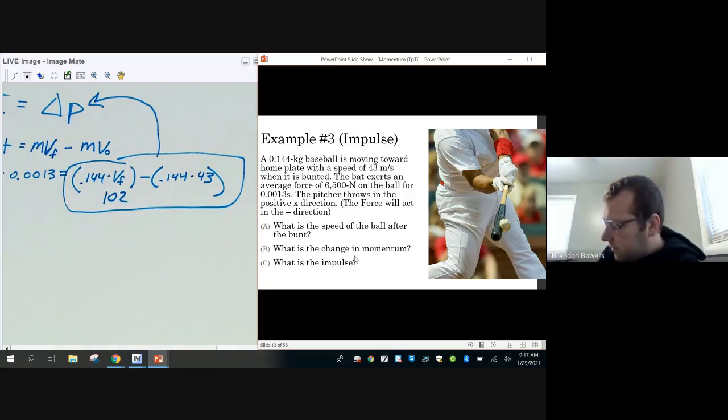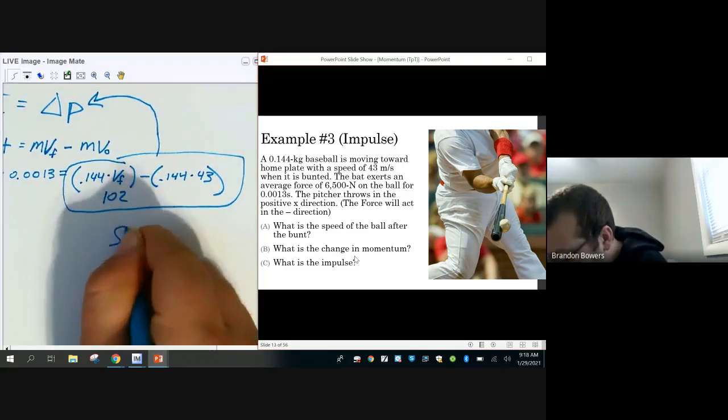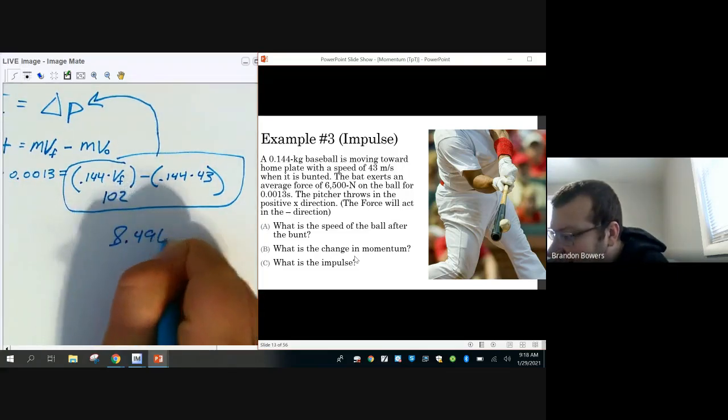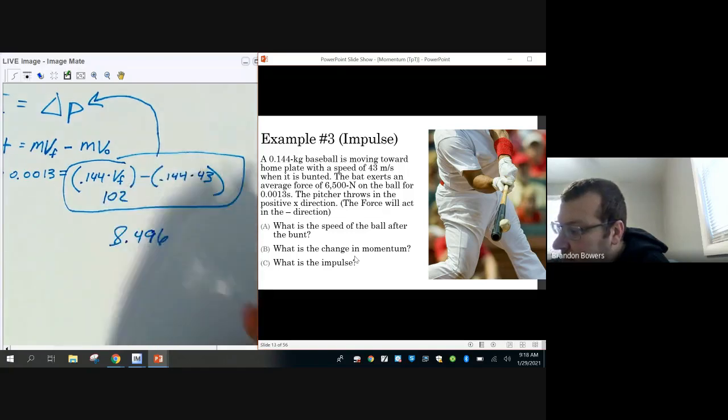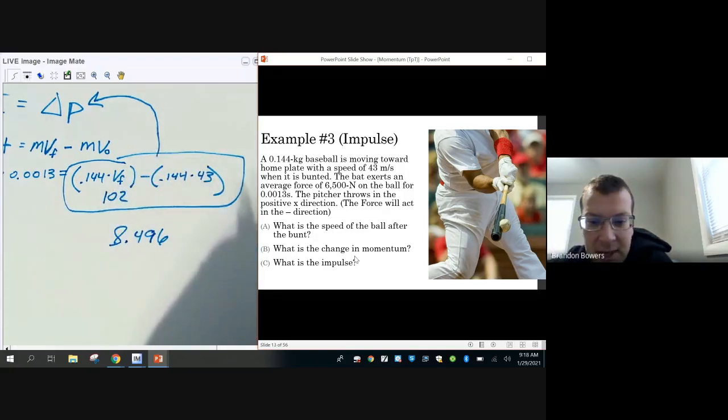You've got 0.144 times 102, so that's three digits after the decimal. 4 times 43, that's 3. So when you subtract them, you're going to have 3 digits past the decimal point. So I got an answer of 8.496, and that's my momentum.